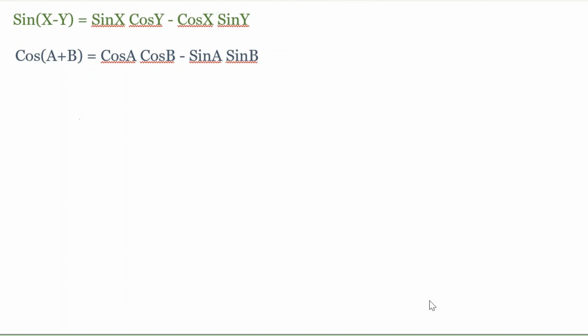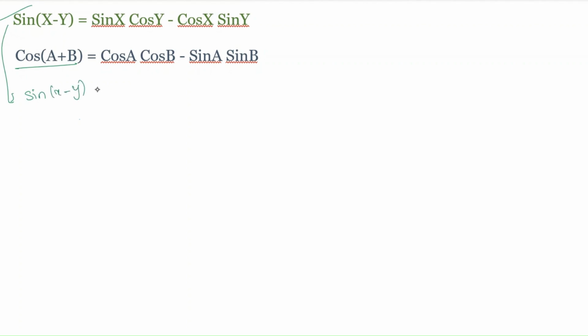And the next one is proof for sin of x minus y. For this sin of x minus y value, we will try to use the cos A plus B formula. Now, sin and cos are co-functions, which means sin theta can be written as cos of 90 minus theta. Here in place of theta, we have x minus y.